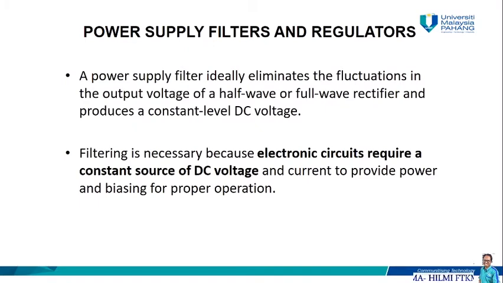The filtering process is necessary because electronic circuits require a constant source of DC voltage and current to provide power and biasing for proper operation. Some electrical equipment must use a constant source of DC voltage in order to operate.